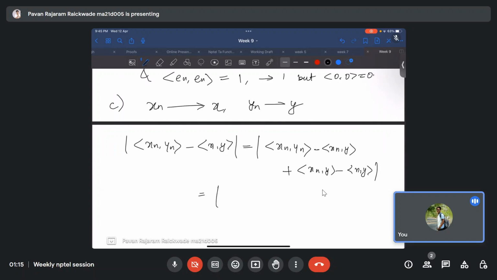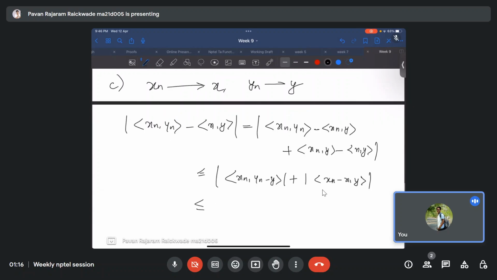This is equal to modulus of inner product of xn with yn minus y plus inner product of xn minus x with y. Okay, and by Cauchy-Schwarz, this is less than or equal to norm xn times norm of yn minus y plus norm xn minus x times norm y.